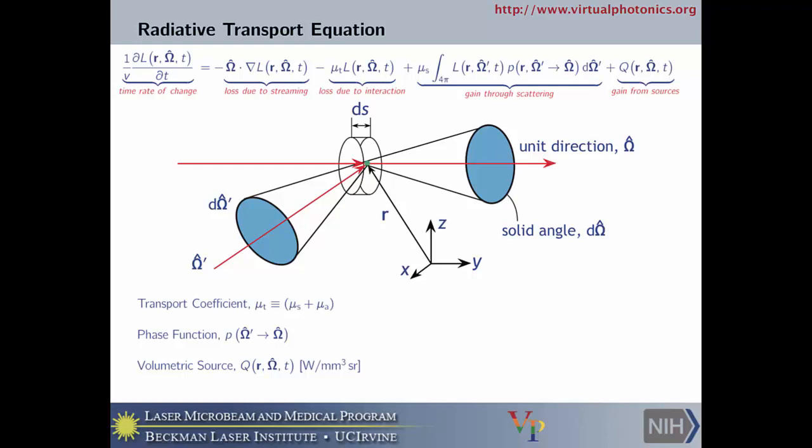Because typically, if you enter the tissue, different photons may propagate different distances before they first interact with the tissue, because you have this mean path for scattering or this mean path for absorption. So typically, even an external light source actually induces a volumetric distribution of light within the tissue. And that's how it's treated within the radiative transport equation. Does that answer your question? Yeah.